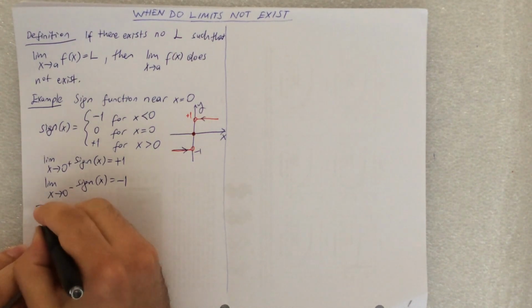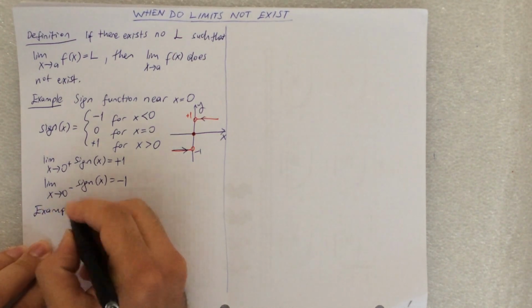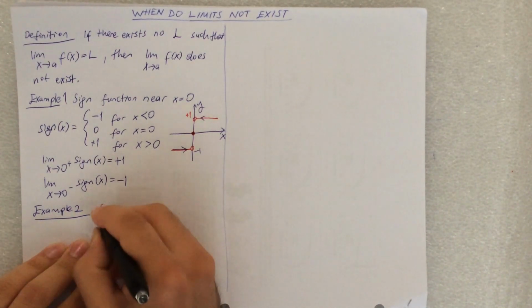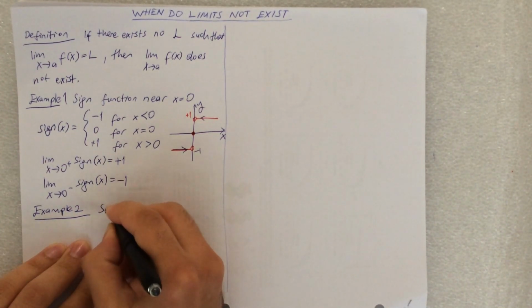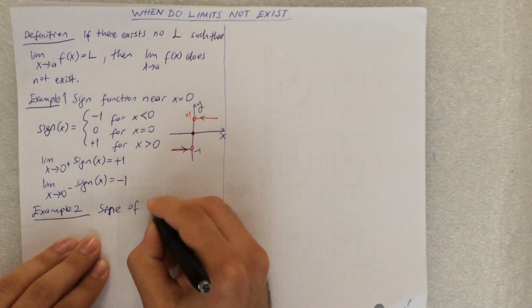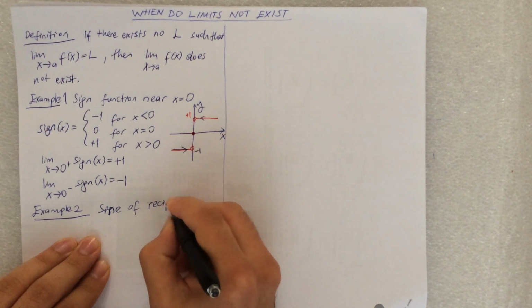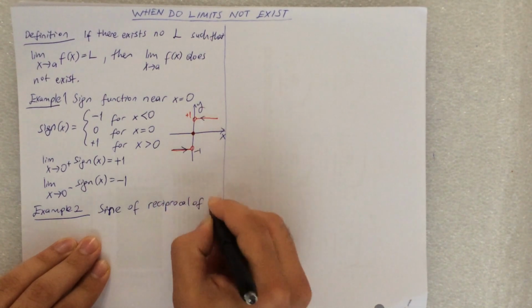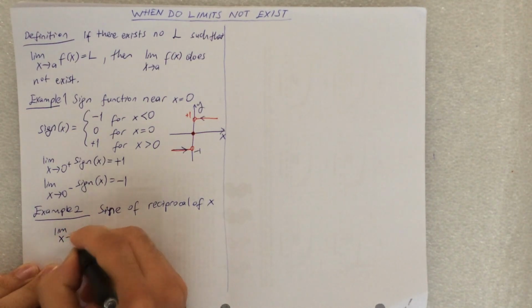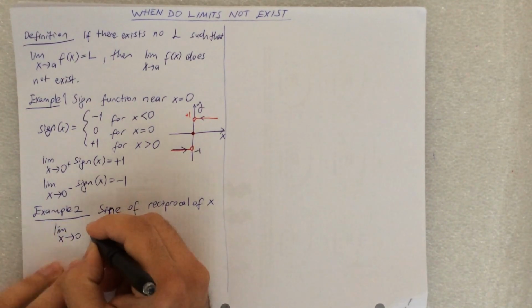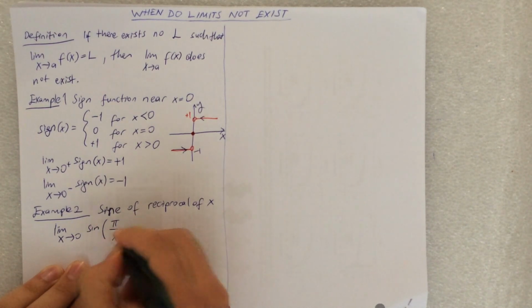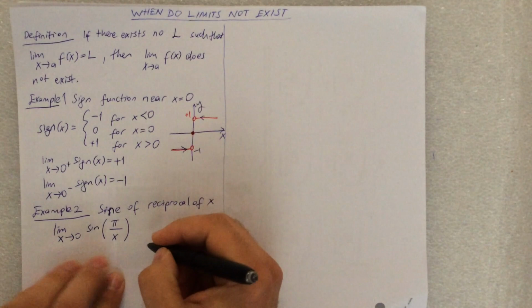Another example is sine of the reciprocal of x. It's like this: limit as x goes to 0 of sine of pi over x, for example, or 1 over x.